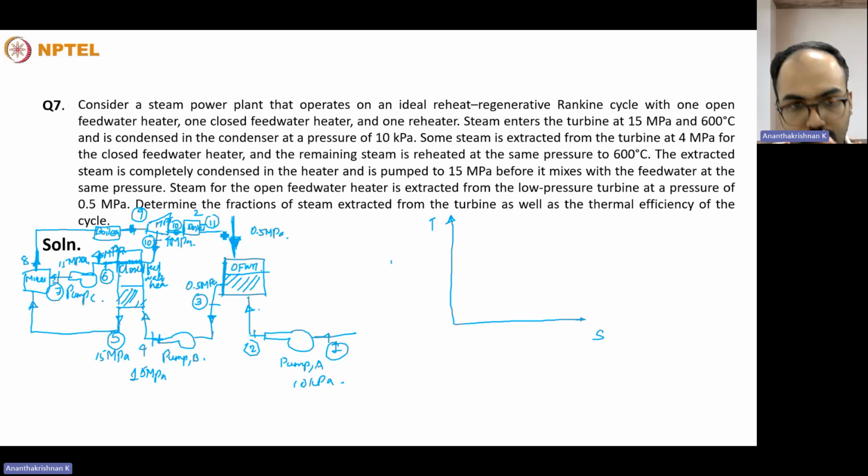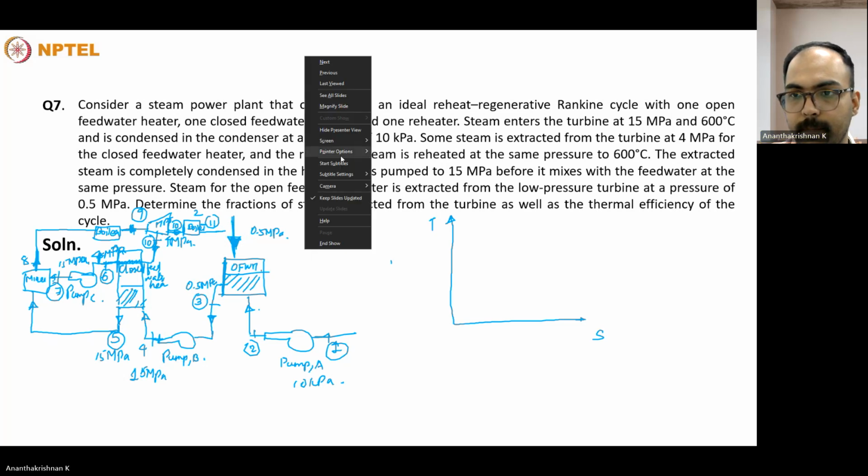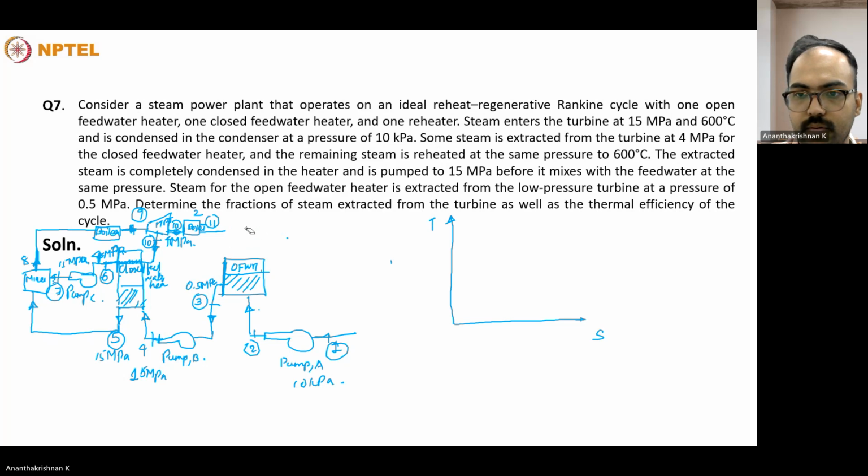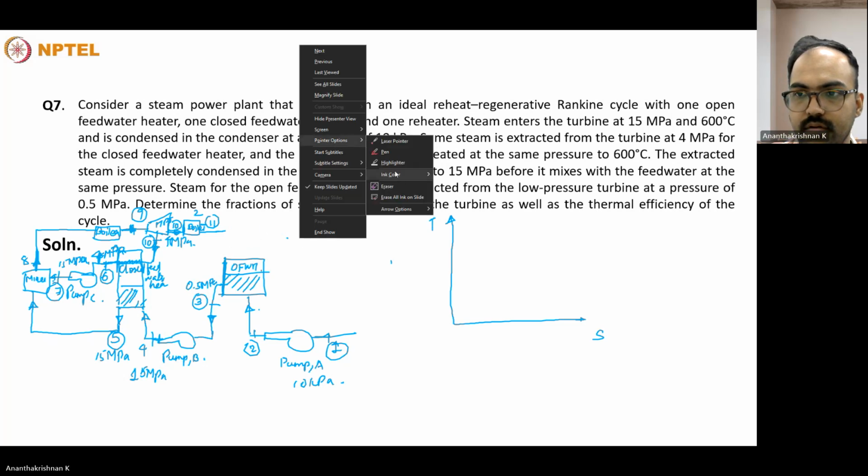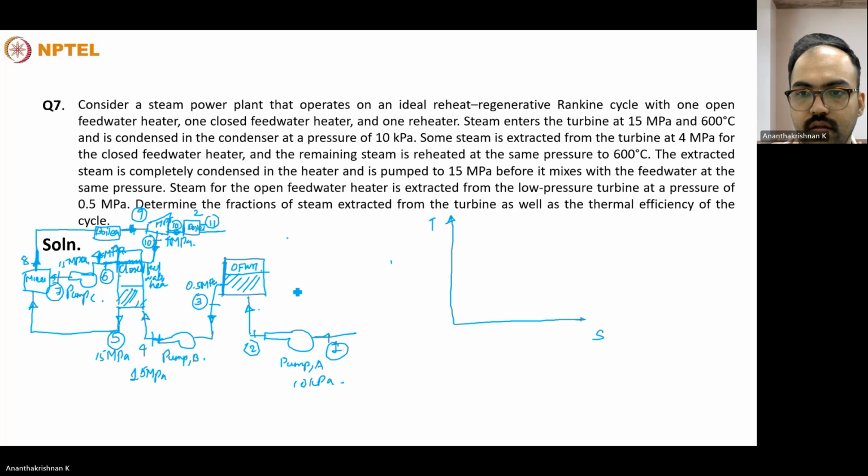And from there, it undergoes a low pressure turbine expansion. That is state point 12.